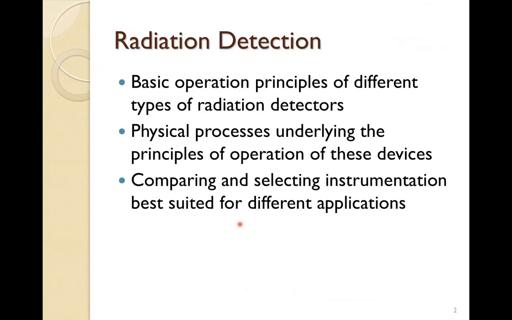Okay, so the main topic is definitely fabrication of detectors, or making of detectors, but why do we need detectors? Basically we will do radiation measurement, and the basic operation principle of different types of radiation detectors is what we have to understand. Although I will not go into the detailed interaction processes and operation principles of all detectors, I will try to cover some of them, and the physical process underlying the principle of operation of these devices.